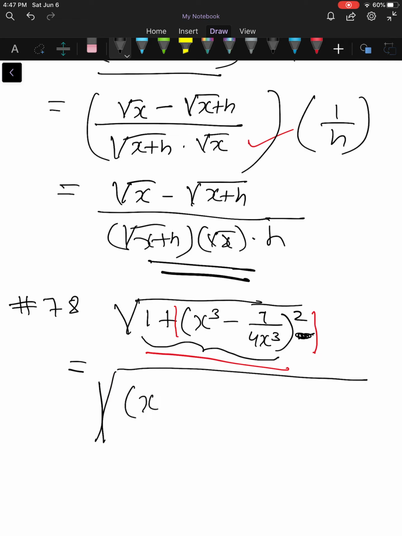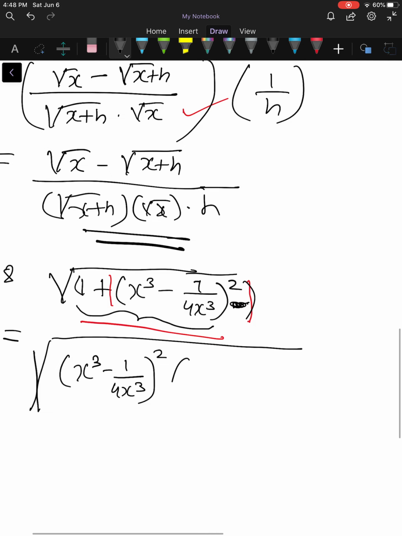Square root of, I will take x cube minus 1 over 4x cube, the whole square, common out of the whole expression inside this. And now what we are left with, the first term. The first term is 1.